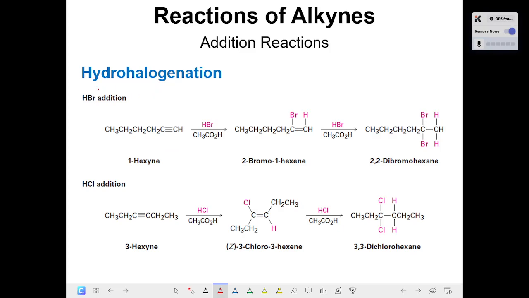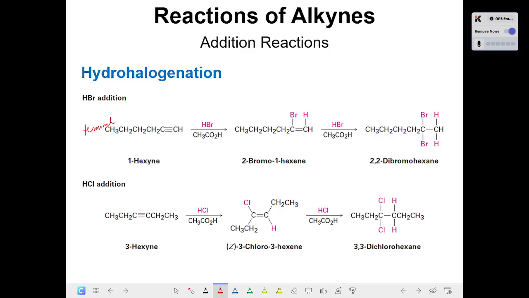So this one is HBr addition, hydrogen bromide. So if you have 1-hexyne, this is a terminal alkyne siya, yung ating H will attach here. Yung sa Markovnikov kasi, ang tinitingnan natin is yung carbon, at tingnan nyo doon kung yung carbon na yun ay mas madaming H na naka-attach.